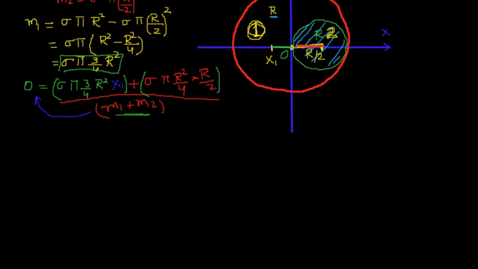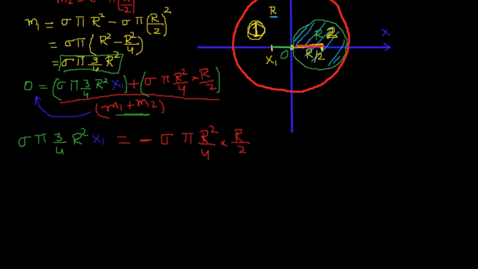So let's write sigma pi 3 by 4 r square times x1 equal to, with this term going on the other side with the negative sign, sigma pi r square by 4 multiplied by r by 2.